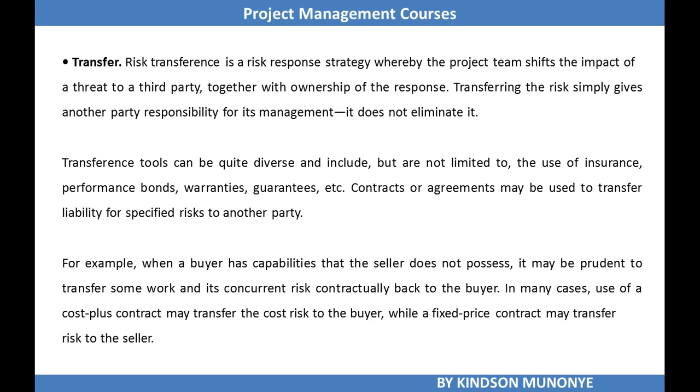Contracts or agreements may also be used to transfer liability for specified risks to another party. So if you purchase insurance, you are moving the risk to the insurance company. So that is how to transfer to a third party. In many cases, use of a cost plus contract may transfer the cost risk to the buyer, while a fixed price contract may transfer the risk to the seller.